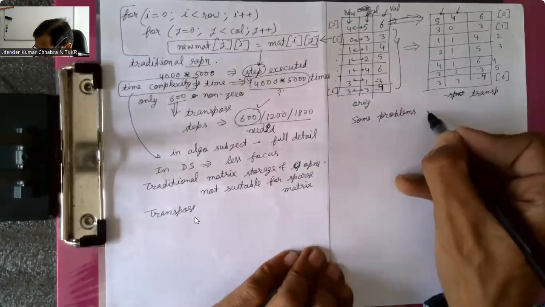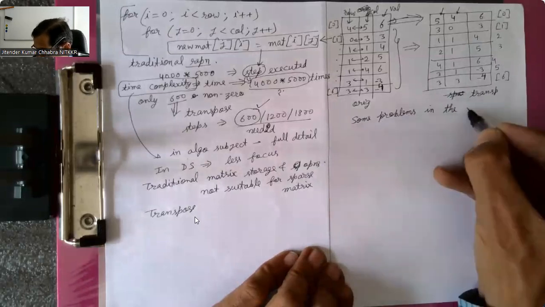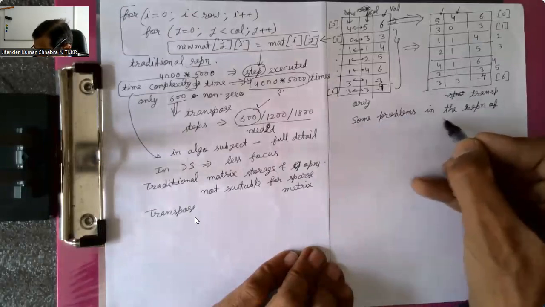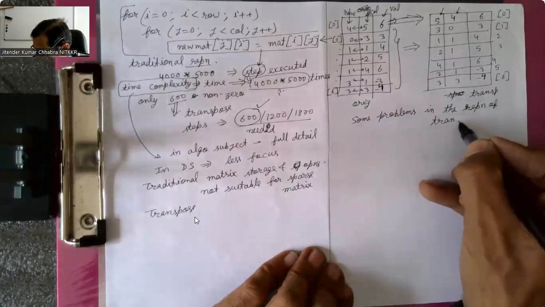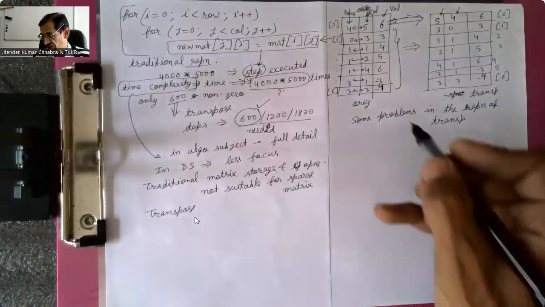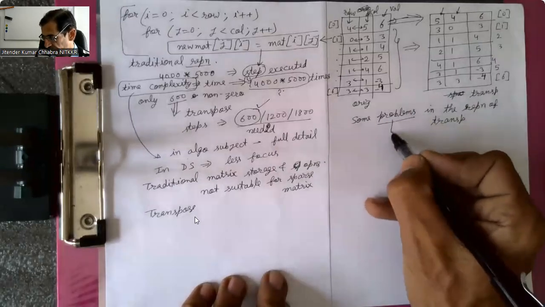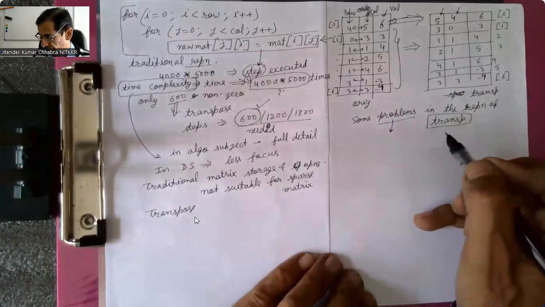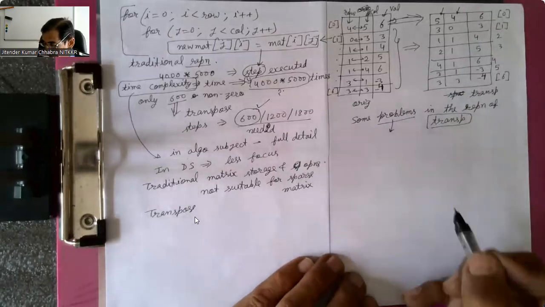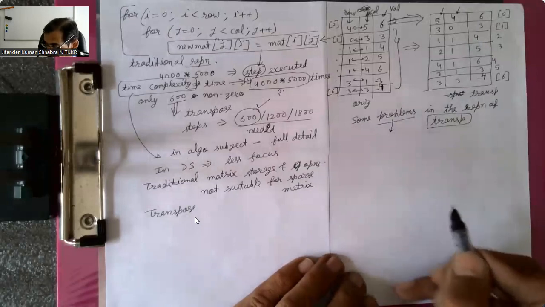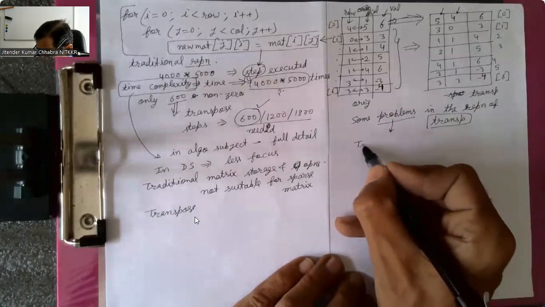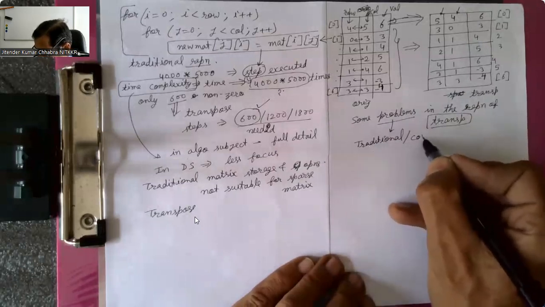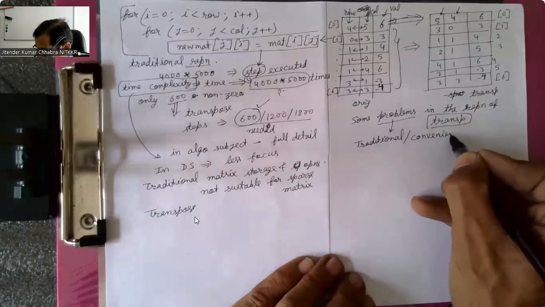Some problems in the representation of the sparse matrix, or the transposed matrix. What are the problems? I say the problems which didn't exist in the original matrix have come in the transposed one. Probably you can't understand, so I'll give you a hint: traditional or conventional working has a particular way of ordering.